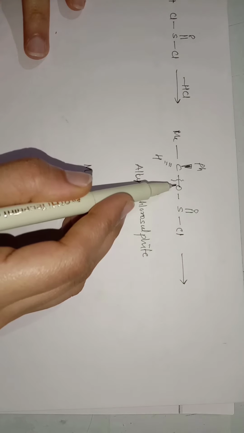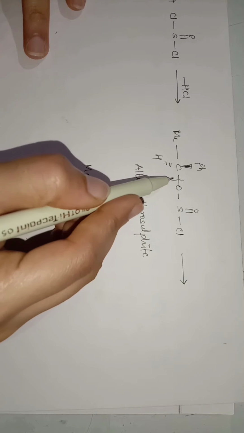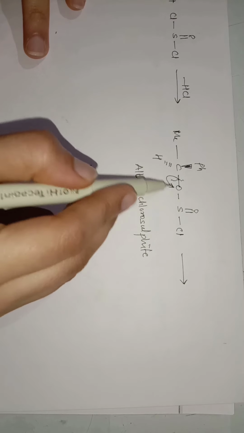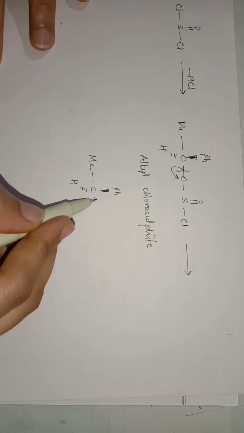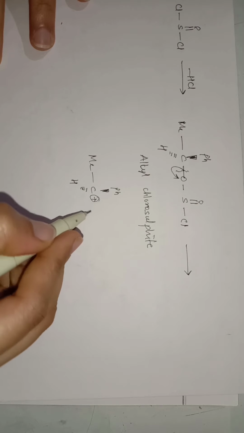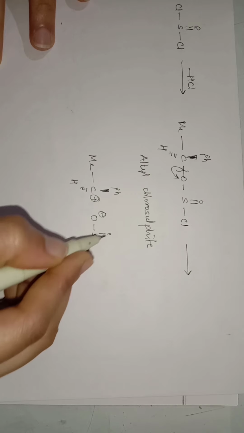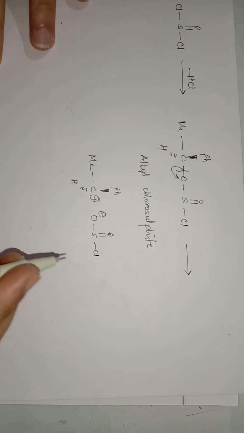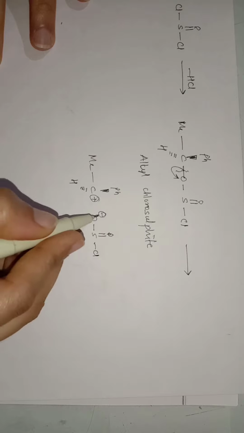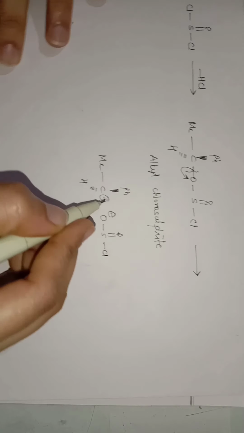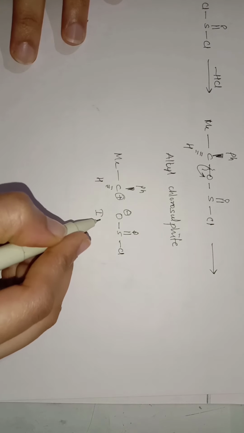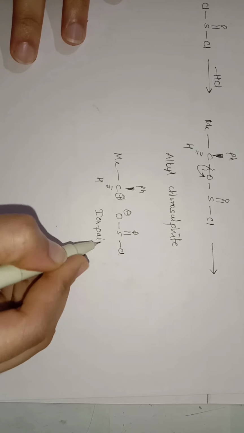As oxygen is more electronegative, after breakdown of this bond the two electrons shift onto this oxygen. So you get a carbocation plus this oxygen-minus, sulfur, and Cl. Here the oxygen contains a negative charge and the carbon a positive charge, so it is an ion pair.